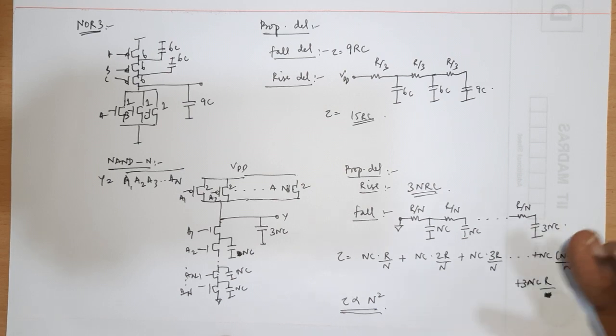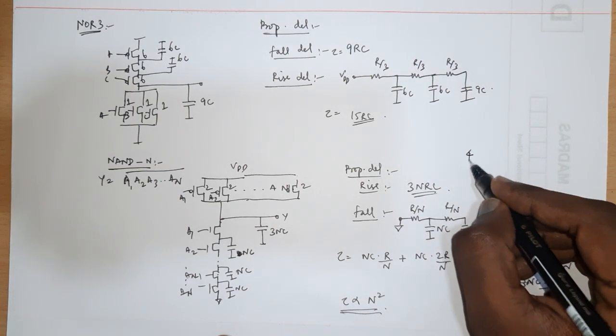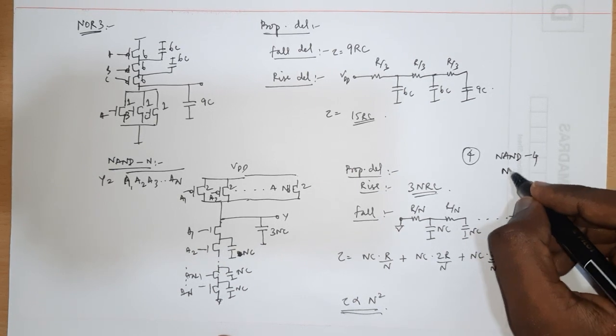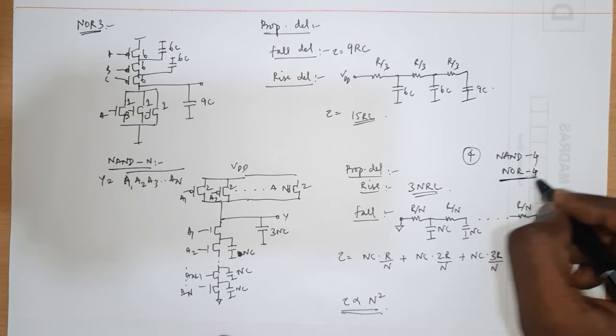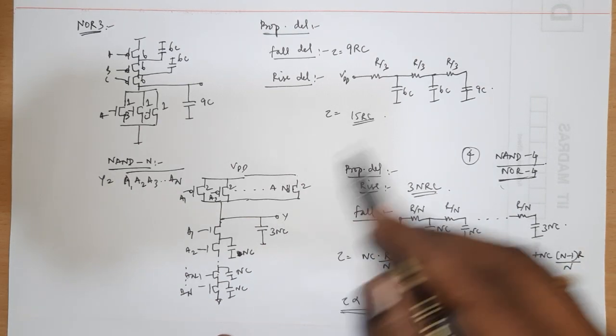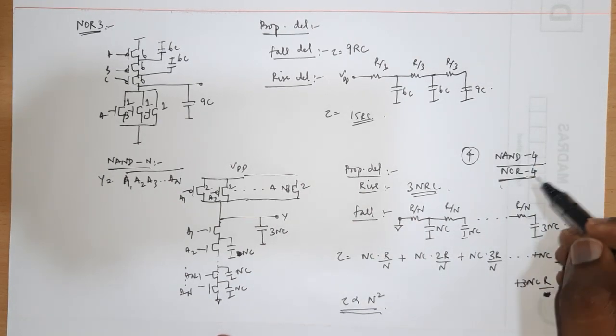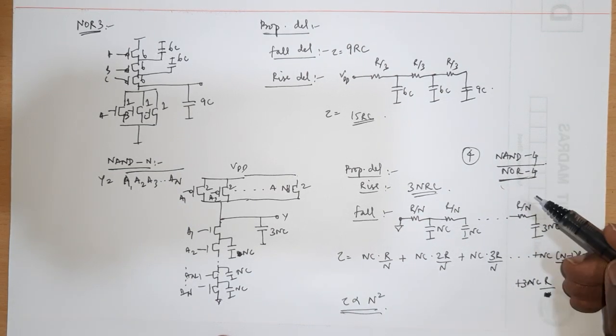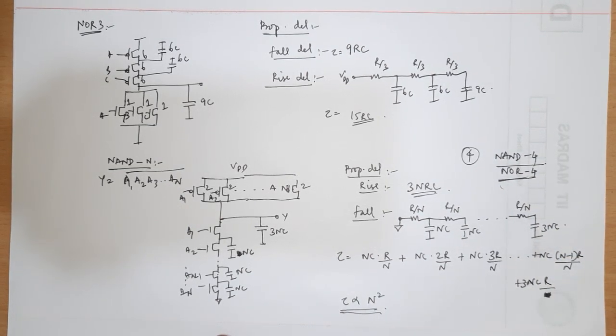It is always preferable to limit the number of stacks to a certain number, and it's usually 4. So you either have NAND 4 or NOR 4. Even NOR 4 is not preferable because NOR has more parasitic delay than NAND, as you might have noticed by now. So you limit the number of stacks to 4 or so, and 4 is when you cannot avoid it, you go for it.